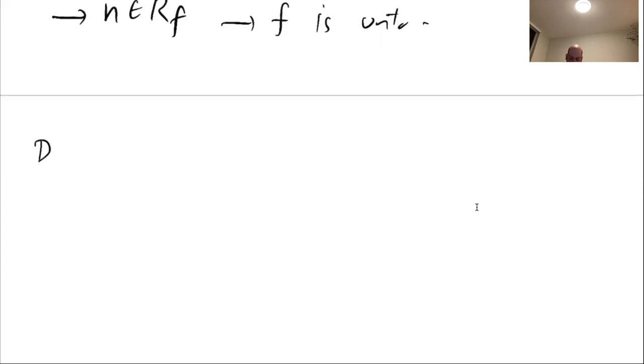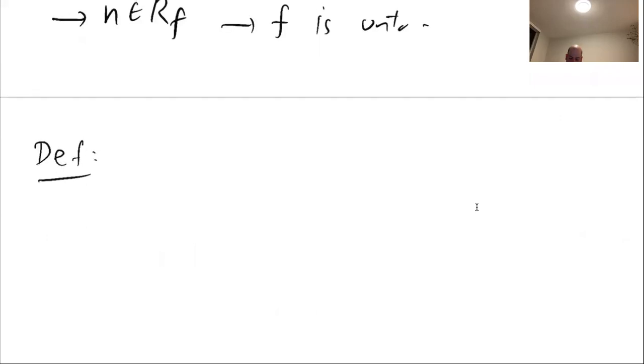So, definition. We saw that the cardinality of a set can equal the cardinality of natural numbers. The cardinality of natural numbers is called aleph naught.